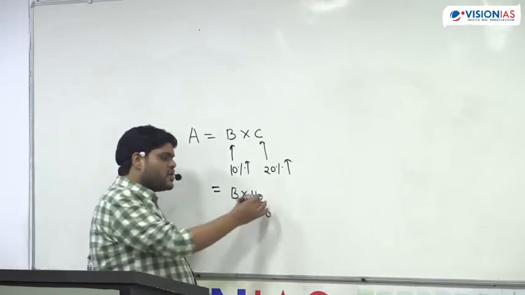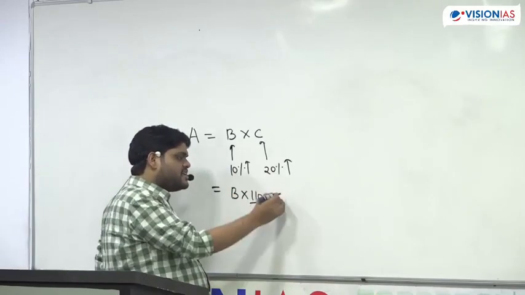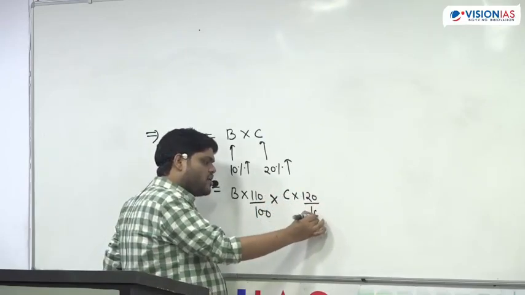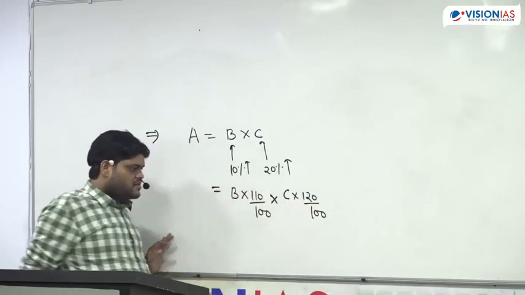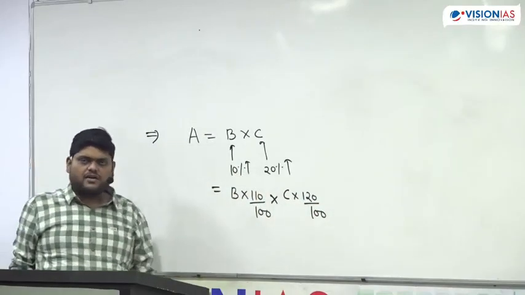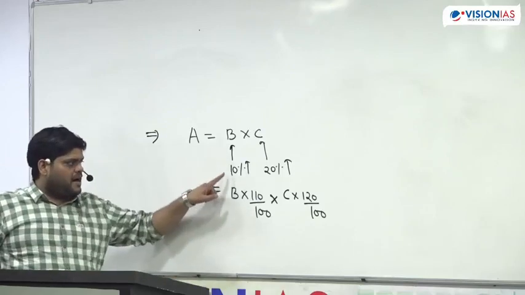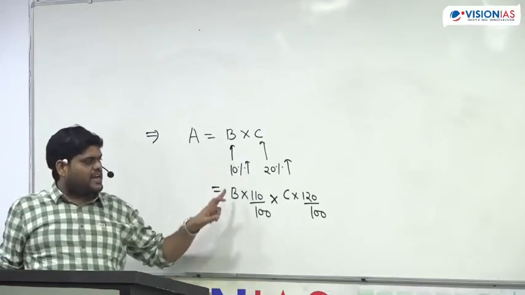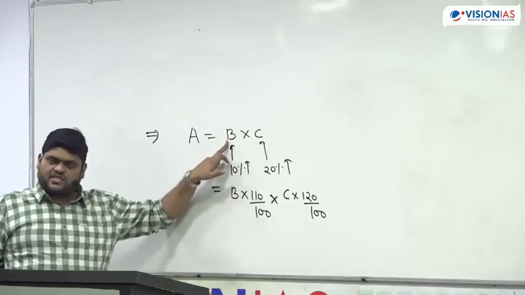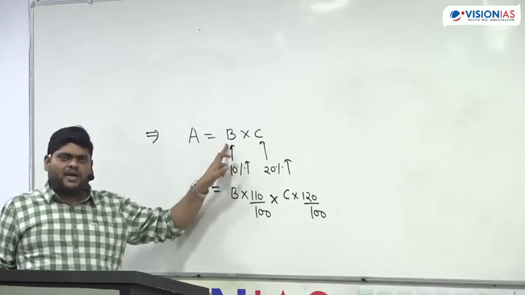And when there is a 20% increment in C, C becomes 120%. Already we have done all this. Either you can write directly or you can find out 10% of this number, then add it into B.